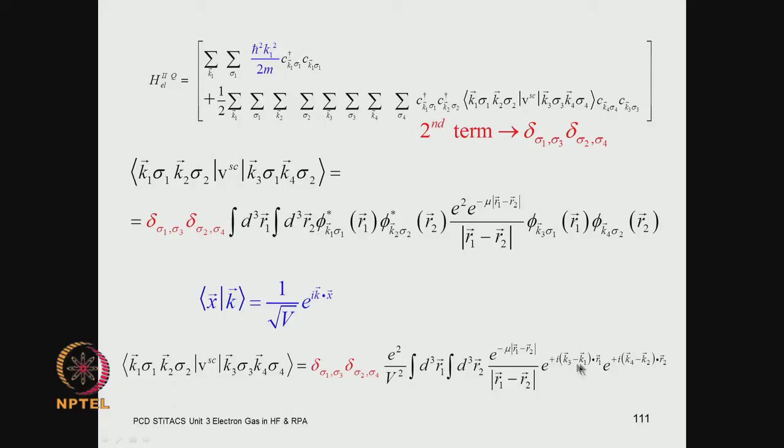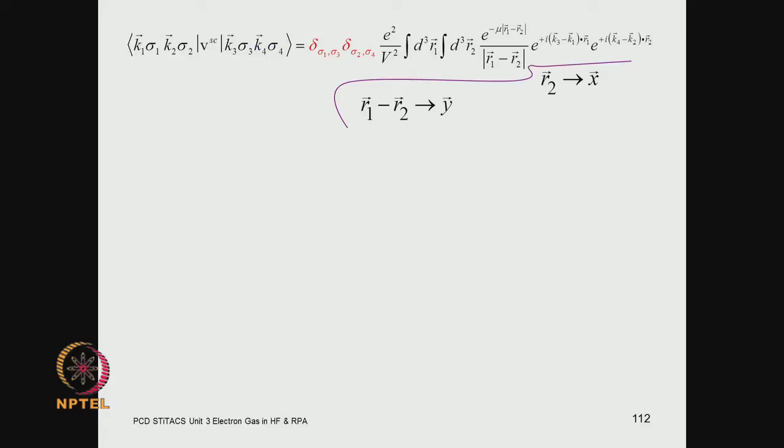I have combined k3 minus k1: k3 comes with a positive sign, k1 comes from this complex conjugation, so it comes with a negative sign, which is why you have k3 minus k1 here, and likewise you will have k4 minus k2 because k2 is coming from the complex conjugate. Those are the terms that we are going to work with.